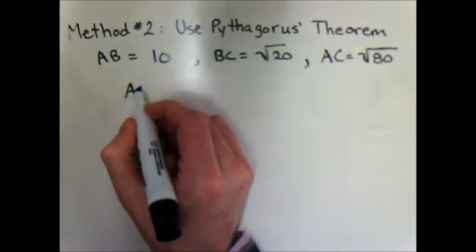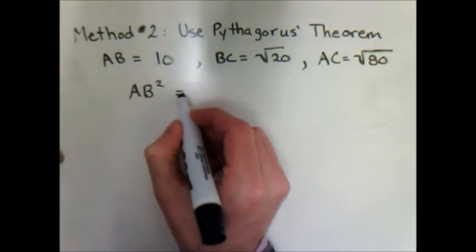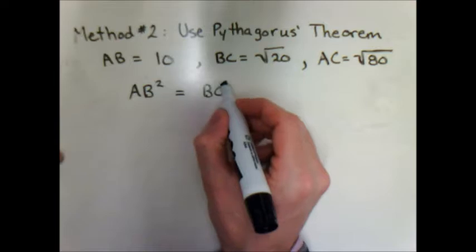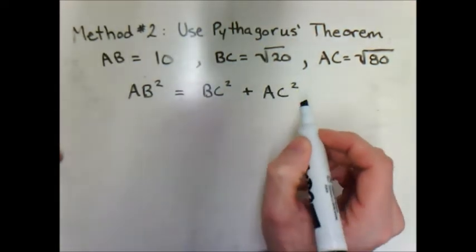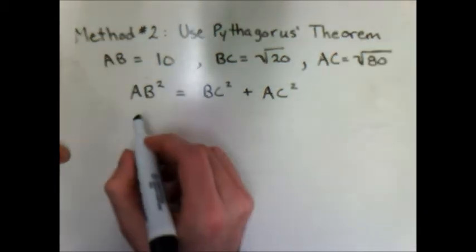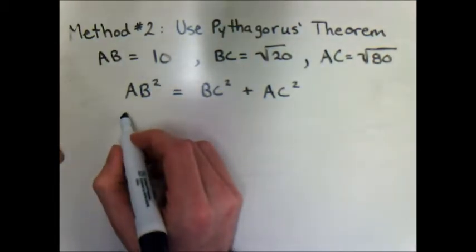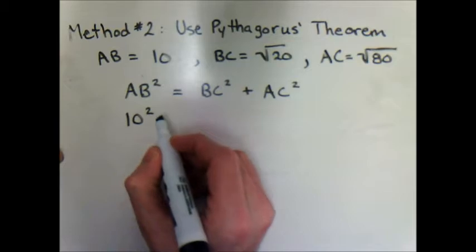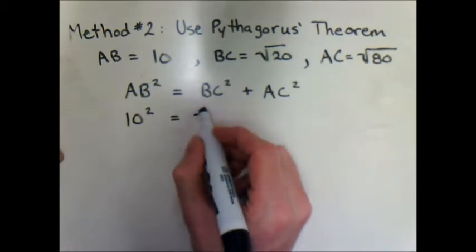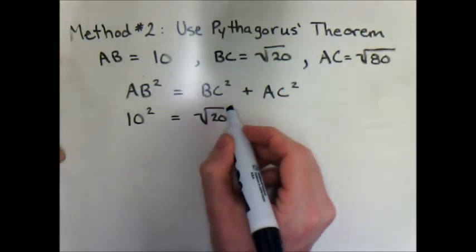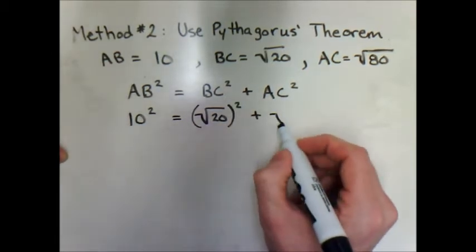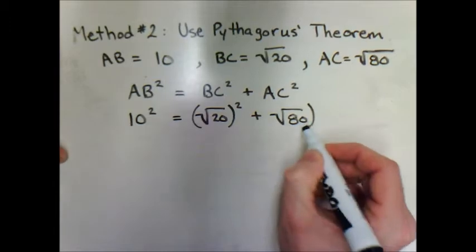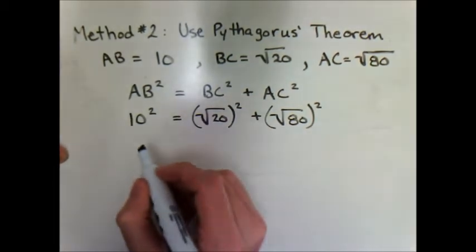We're going to check to see if AB squared equals BC squared plus AC squared. Well, AB squared is 10 squared. BC is the square root of 20, and we're going to have that squared. AC is the square root of 80, and we're going to have that squared.